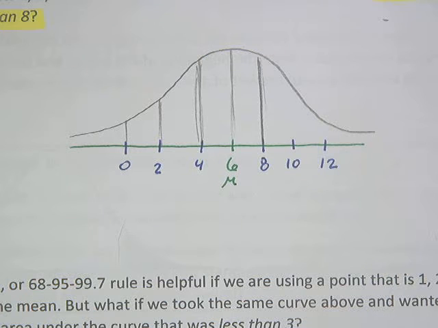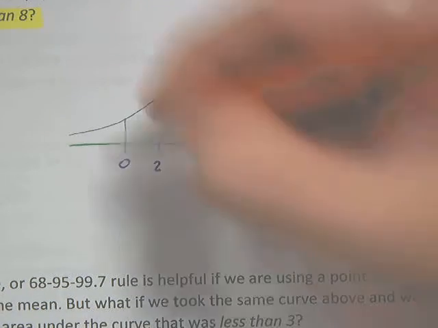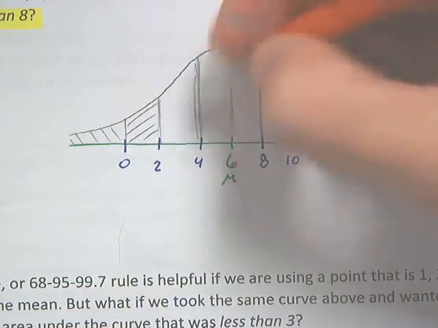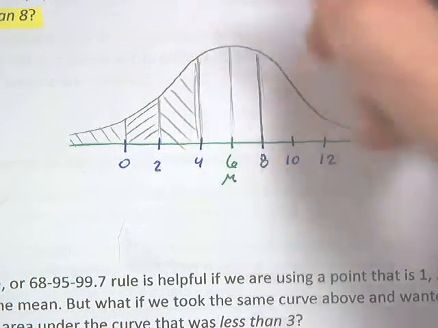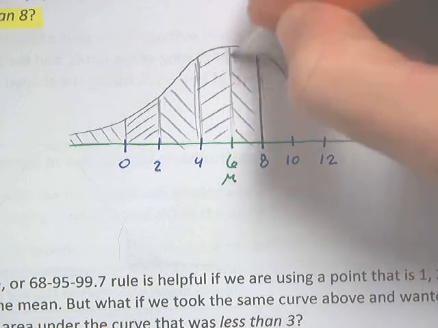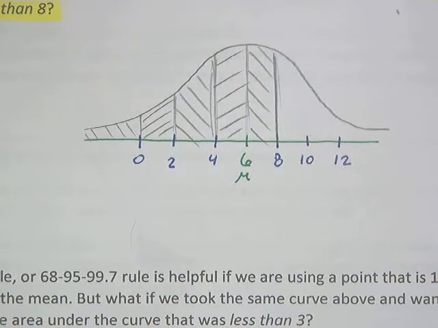One thing that we talked about is the percentage of the area within certain regions of any normal curve. And I told you the most beneficial thing to do would be to memorize all of these little sections and the percentage that's in each section. So I'm going to go through, and I'm shading a whole entire area of interest. Everything less than 8 gets shaded, but the way I do it shows that we're partitioning that up.